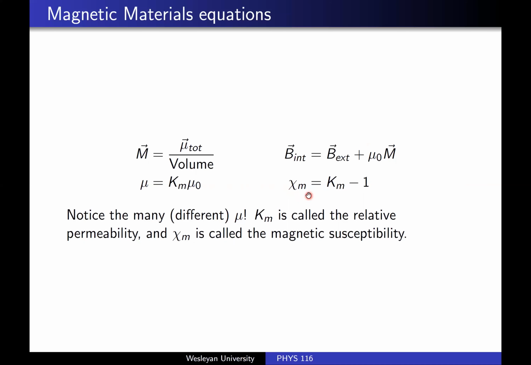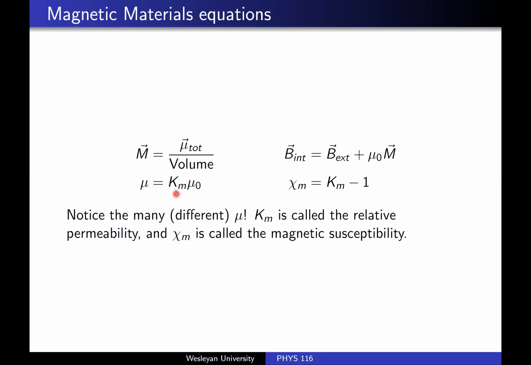Chi m is the magnetic susceptibility, and Km is the relative permeability. Just like how dielectrics essentially change the value of epsilon naught by multiplying it by a factor of k, magnetic materials change the value of mu naught by multiplying it by a factor of Km.